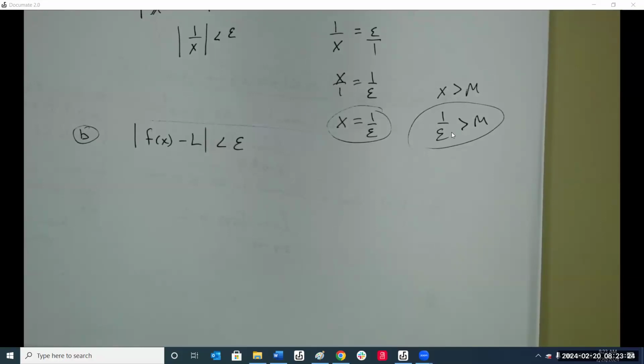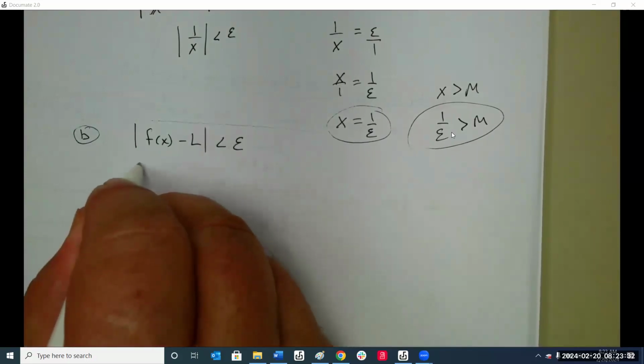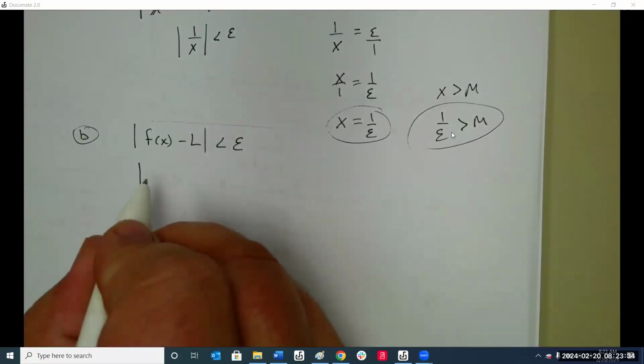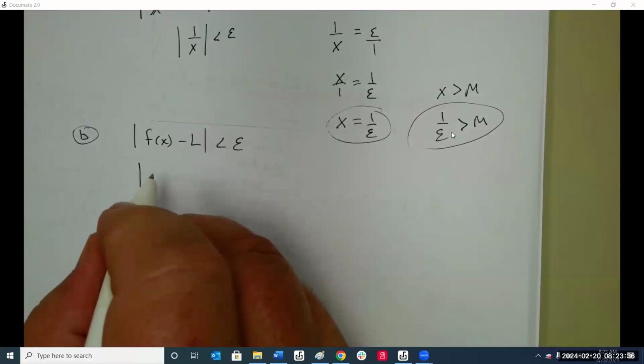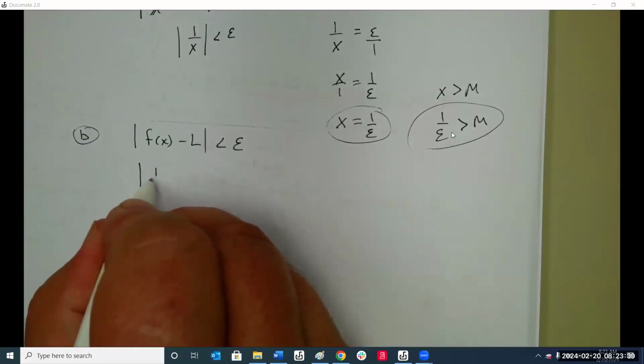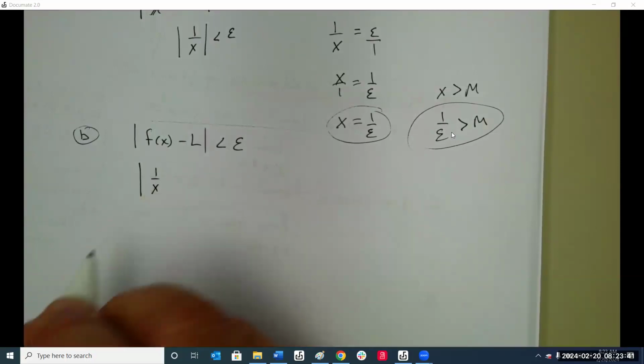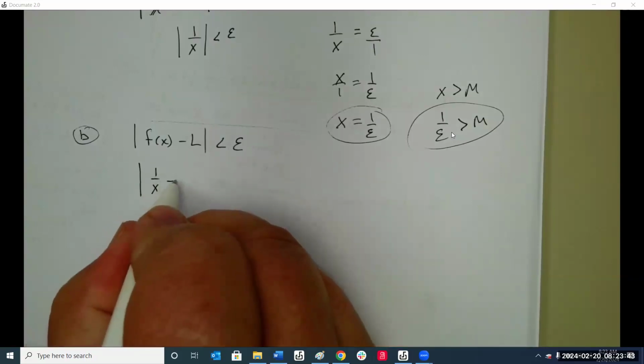So that absolute value has to be less than epsilon. Epsilon is greater than 0 because it's a distance, it's an absolute value. What's f of x? This is the function 1 over x. The limit is 0.